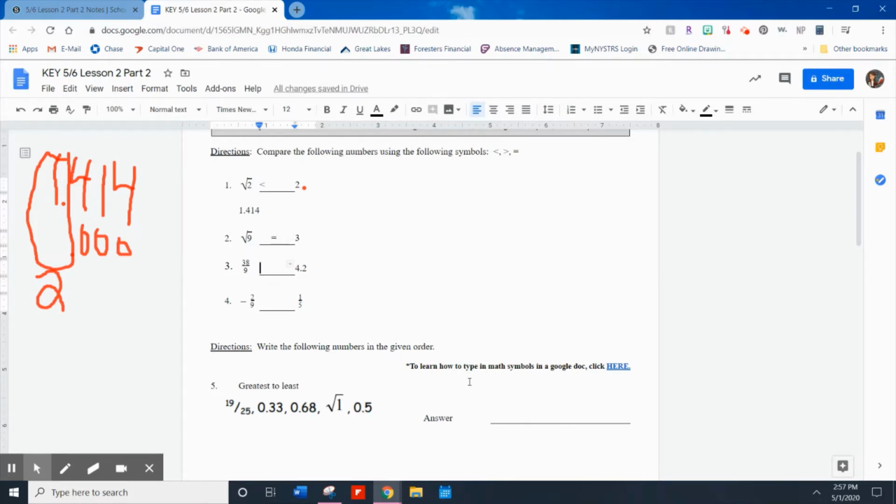All right, the next one, we have 38 divided by 9, which is 4.222 forever and ever. So I'm going to write out that decimal, 4.222, and it keeps going forever and ever. And then we have regular 4.2. Now, there are no repeating signs on here.